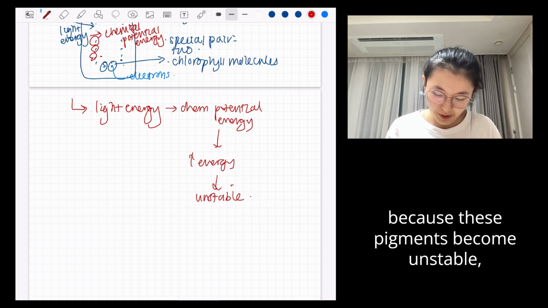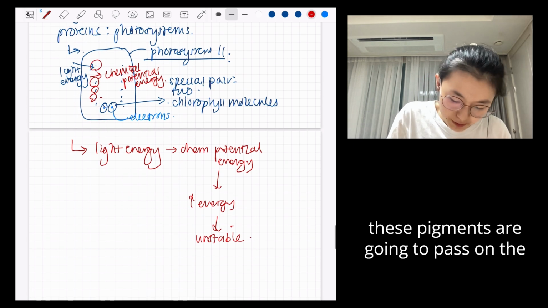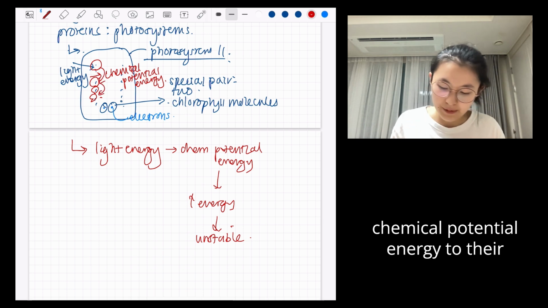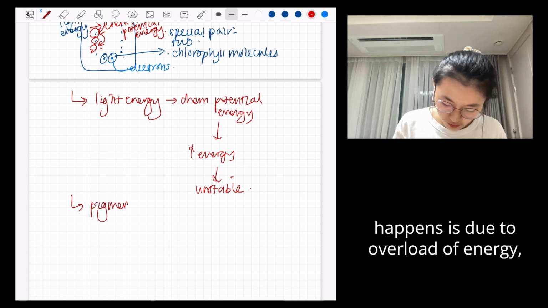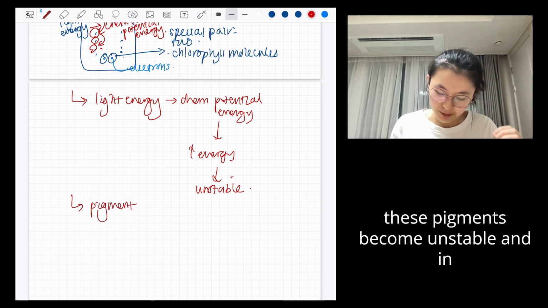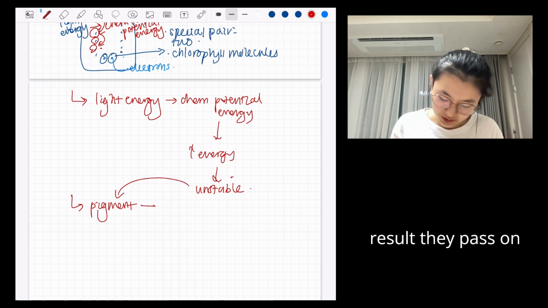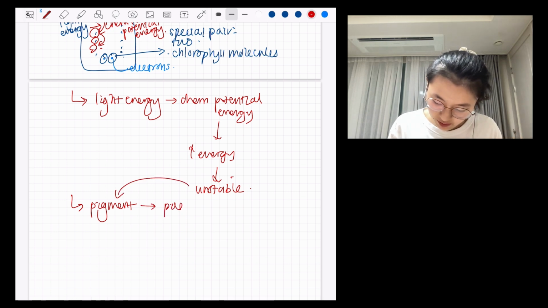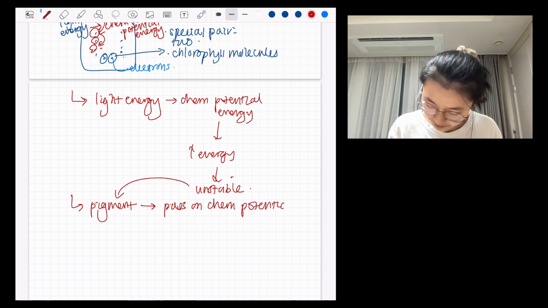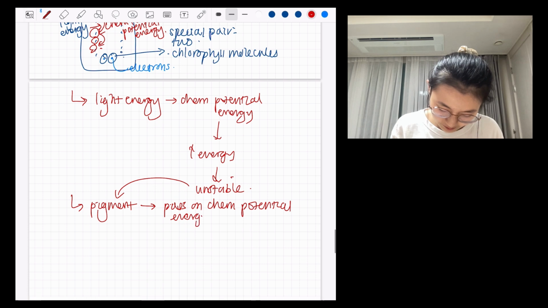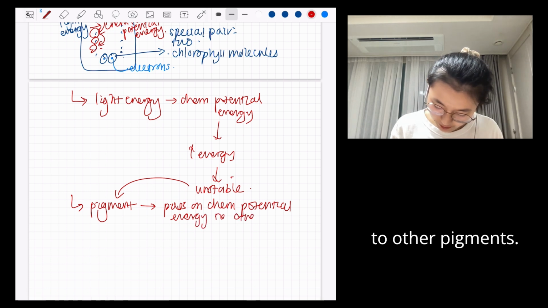Now, because these pigments become unstable, they are going to pass on the chemical potential energy to their neighboring pigments. Due to overload of energy, these pigments become unstable, and as a result, they pass on their chemical potential energy to other pigments.